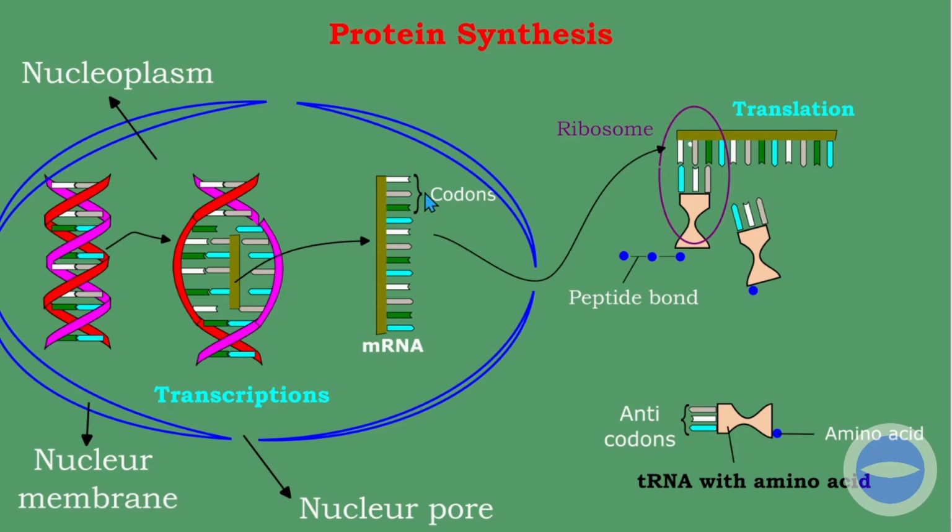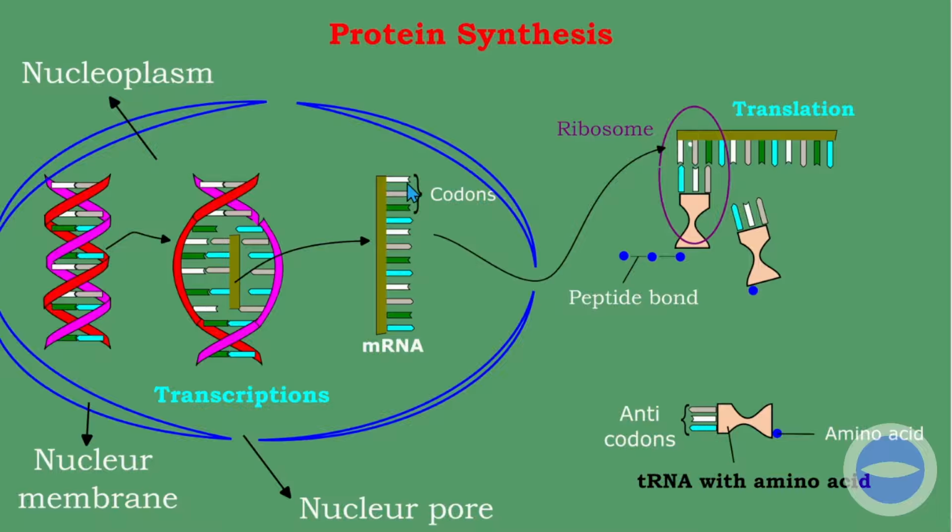Like in mRNA, 3 adjacent nucleotides are called codons. So it's very important. And then tRNA contains 3 nucleotides. They are called anticodons, while tRNA carries amino acid. So you must know again, this is amino acid, tRNA, and these nucleotides are called anticodon.